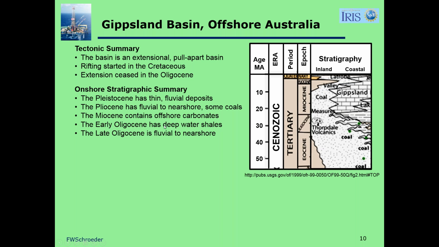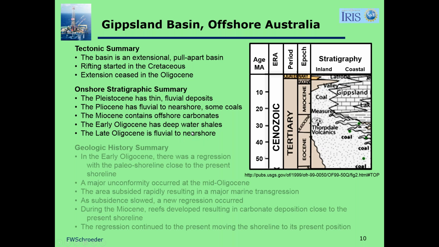The early Oligocene has some deep water shales, and I'll talk more about them. Those are going to be our sealing lithologies. And then the late Oligocene is fluvial to near shore deposits, and we have good quality fluvial sands and good quality near shore. If you prefer beach as a term, we have good quality sands.